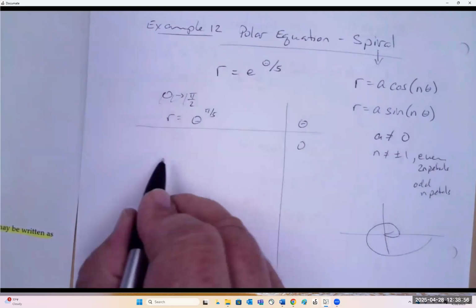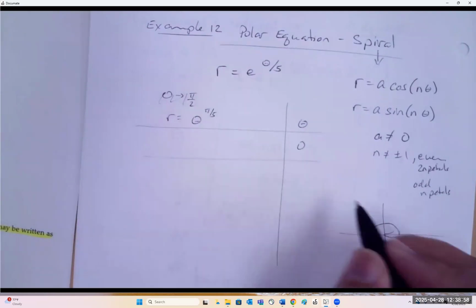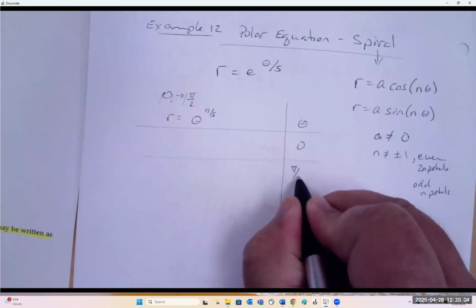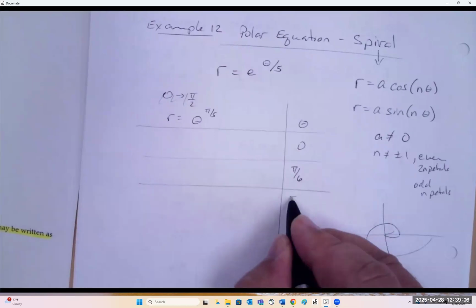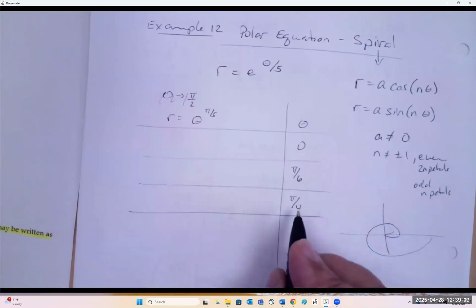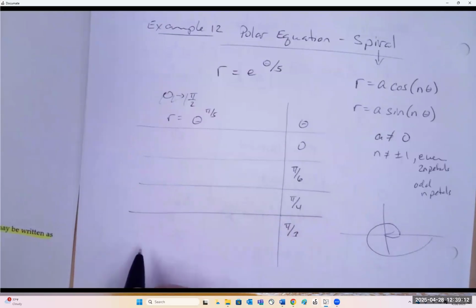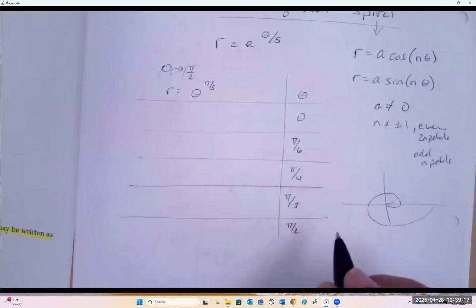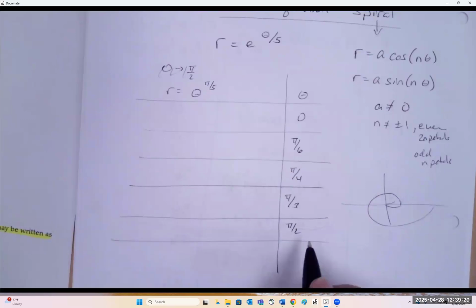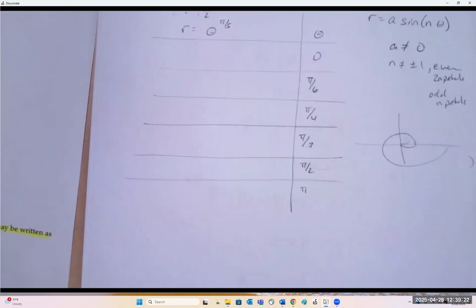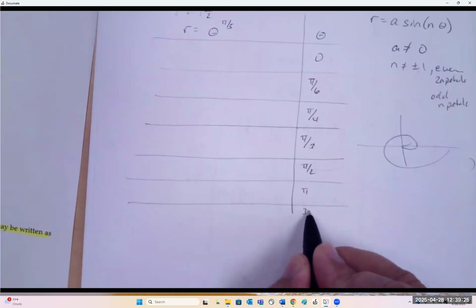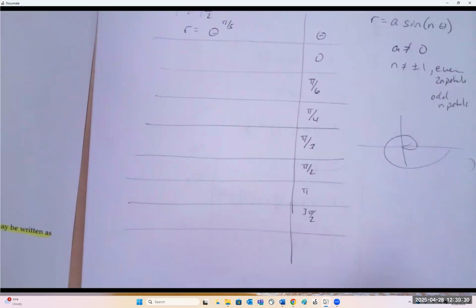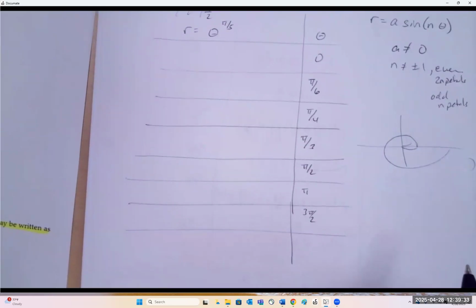So at 0, pi over 6, pi over 4, pi over 3, pi over 2, all the way to pi, 3 pi over 2, and we'll keep it going.